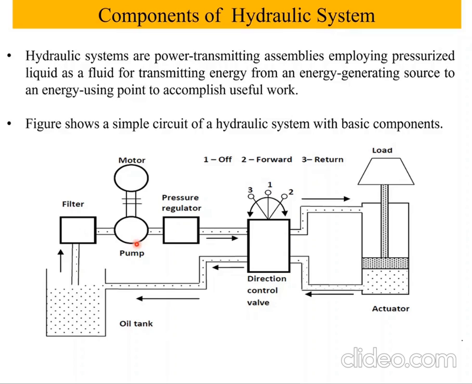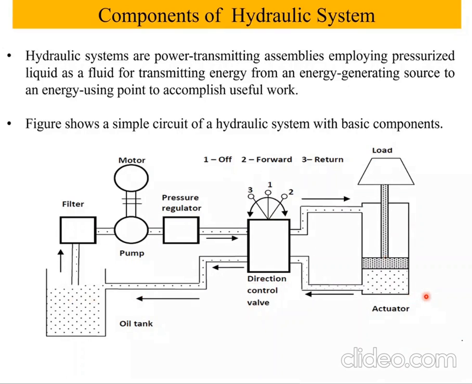Then obviously to fetch the oil from the tank, we need this pump, right? So that enough pressure can be created within the oil, which is required for the movement or motion, as well as so it can be lifted from the lower level to the upper level. You can see here the tank is at a comparatively lower level, while the filter, pressure regulator, the direction control valve, and load actuator are at a little higher level.